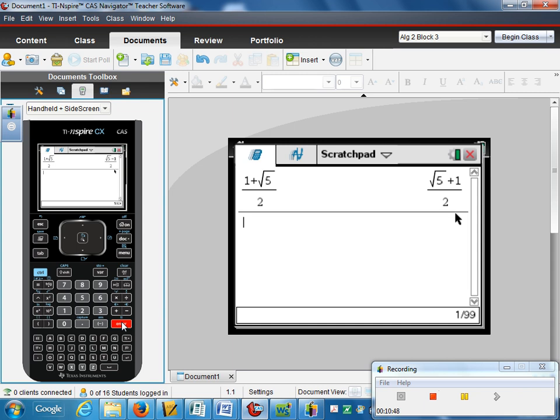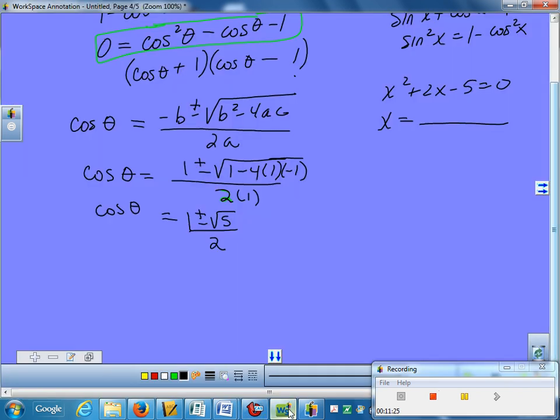Okay, I need it to go decimal, so yes, I have to ask it to approximate it for me. So it's about 1.6. Note, it's a positive 1.6. That's important. Leave that there a second. I need to go write that down, though. So it's basically around about a 1.6.